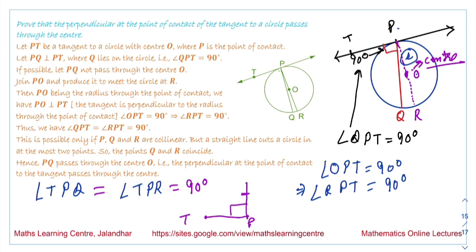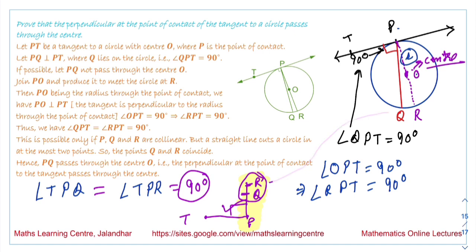It means both these points Q and R should lie on a straight line. Only then both these angles will be 90 degrees. So what this gives us is that the points P, Q and R should be collinear.